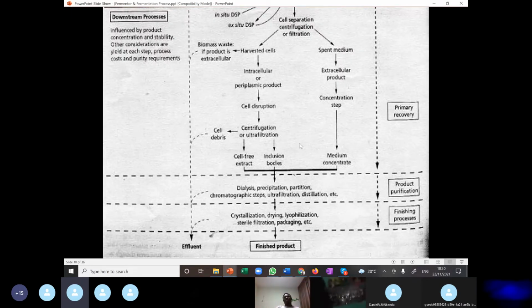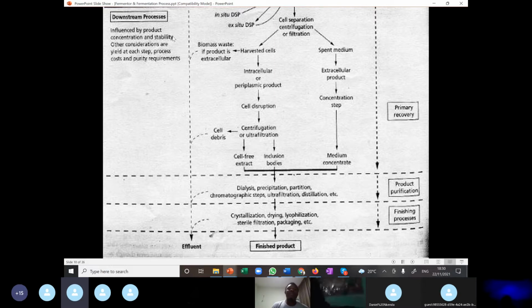After fermentation, the next task, which is also very important, is what we call downstream processing. I already started indicating to you what downstream processing was, but we need to know that it is influenced by byproduct concentration and stability. Okay, the byproducts could be our desired products.